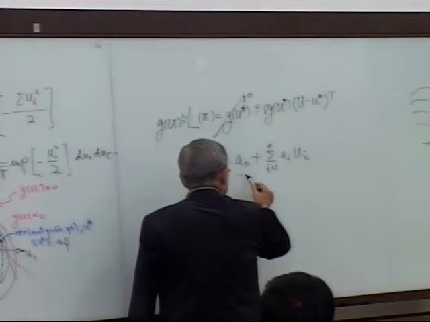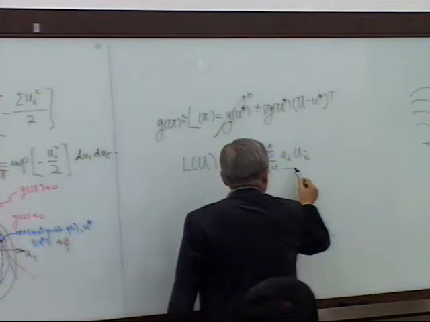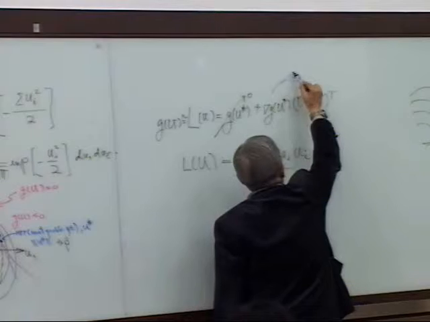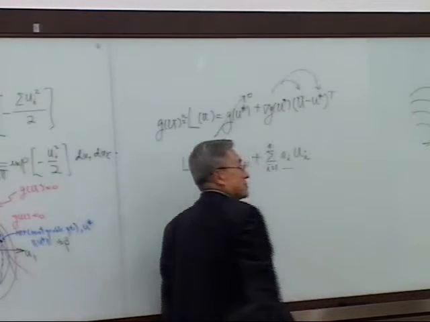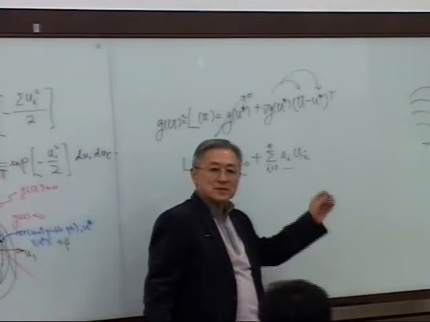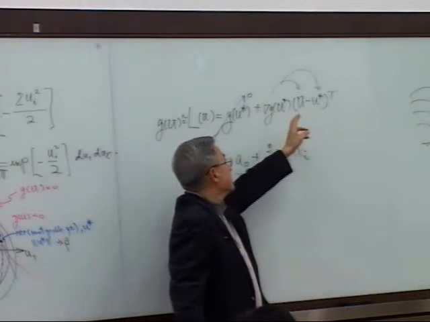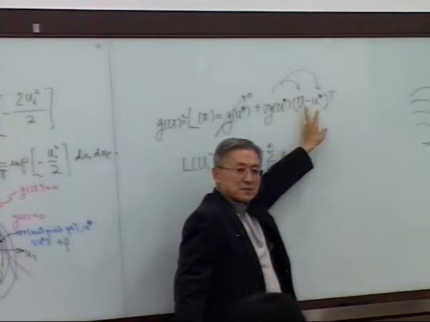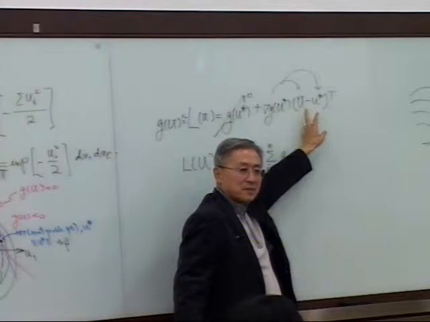Then A naught and Ai is nothing but when you multiply this and multiply that, simply speaking, just like that. Kyung-seok, take a look at. Then this is not direct multiplication like multiplying number.